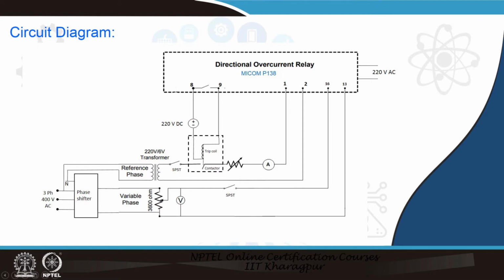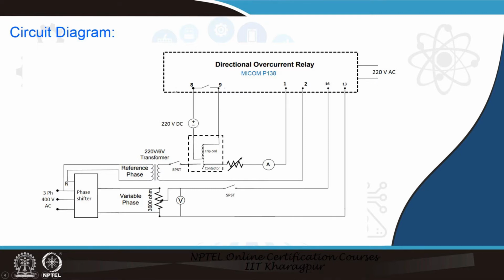Now, for this verification, we have the corresponding circuit diagram here. Our directional overcurrent relay is the MiCOM P138 by Schneider Electric, and it has its own inputs. We have two important things here.